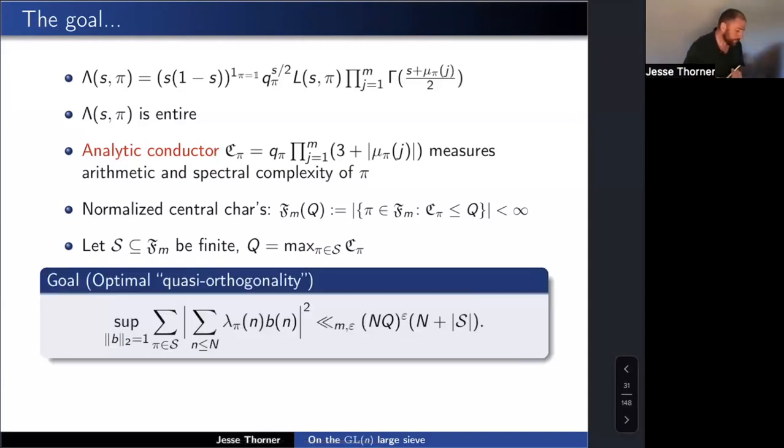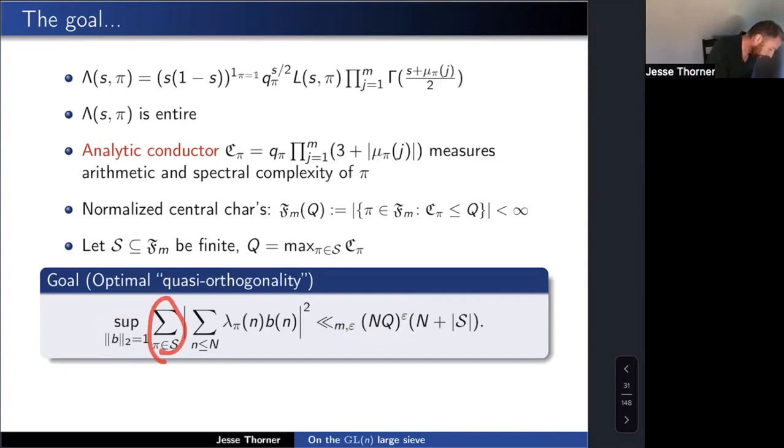So what we might hope to prove is a direct analog of the large sieve inequality for Dirichlet characters. And that would look something kind of like this, although I'm giving myself a little bit of wiggle room here with permitting a possible factor of (NQ)^epsilon. So we would take a supremum over all functions b from the naturals to the complex numbers with L2 norm equal to 1.